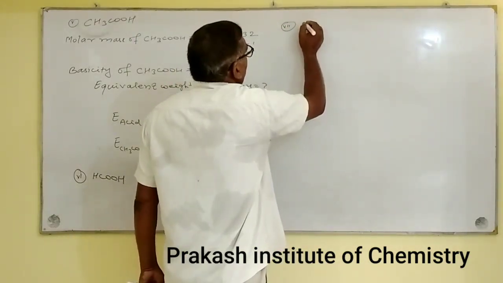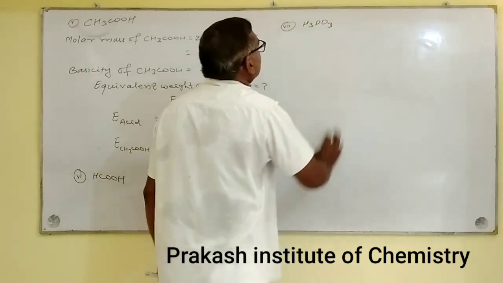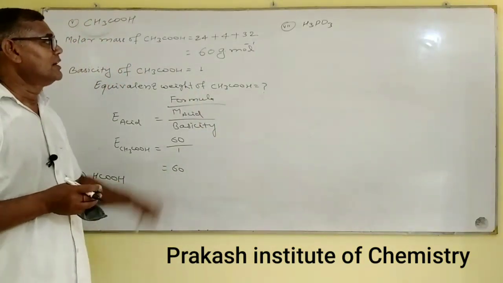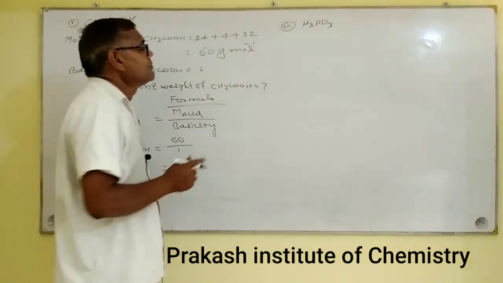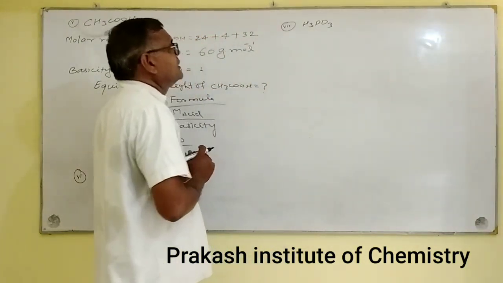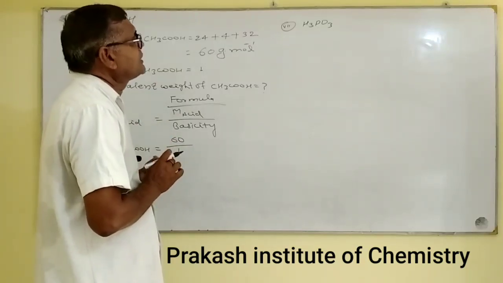Here we write H3PO3. It is called phosphorus acid. It is very important. It is asked in Bihar Board examination in objective question.